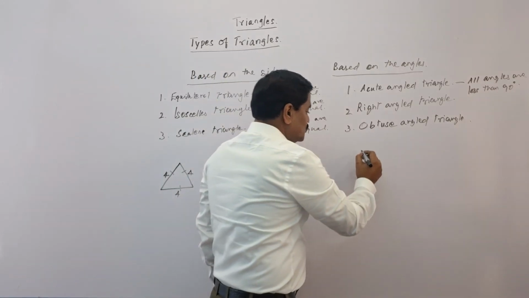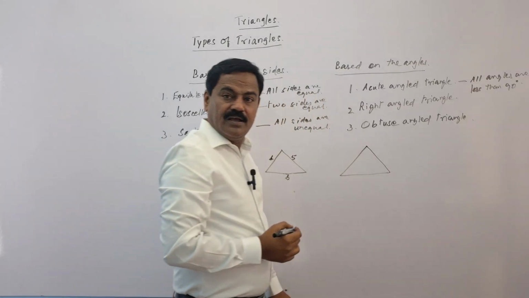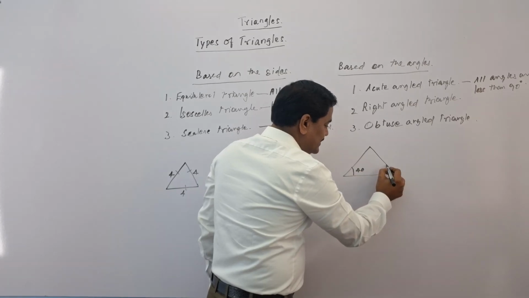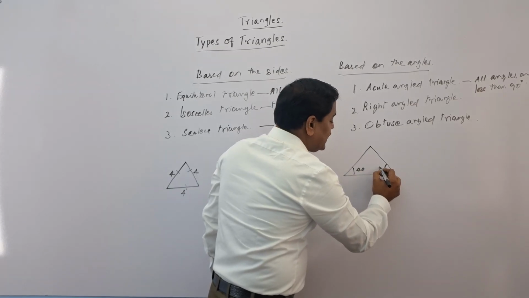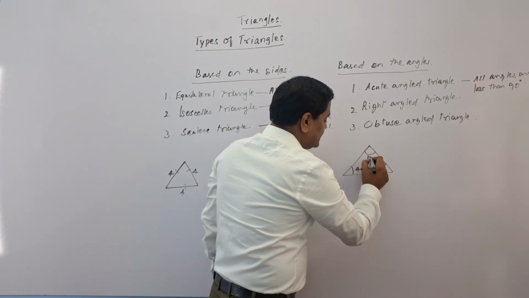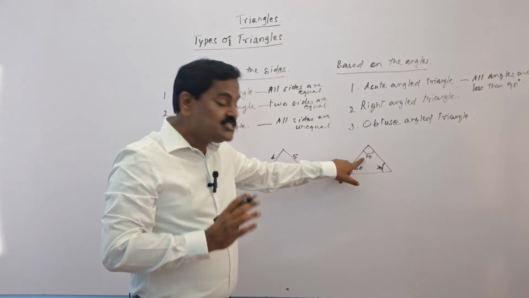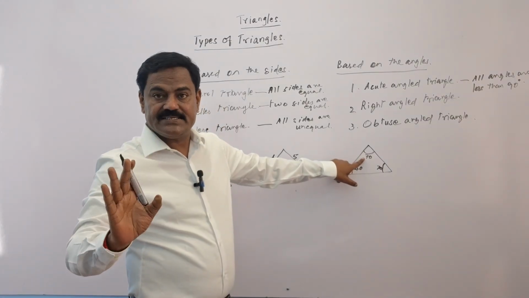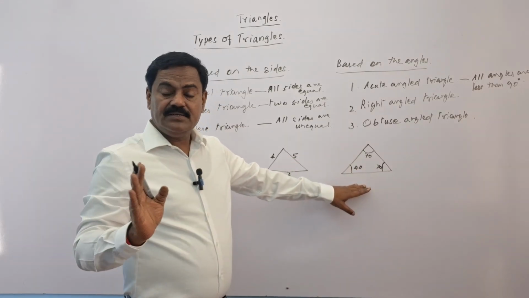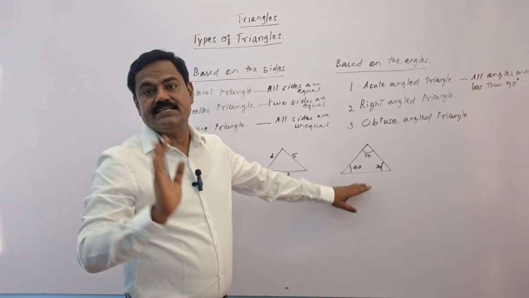For example, we can draw a triangle, where you can see this is 40 degree and this is say 70 degree, and this is also 70 degree. For a triangle, all three angles together will be 180 always. Right, students? You should keep in mind, for any triangle, all three angles add up to 180 degree.